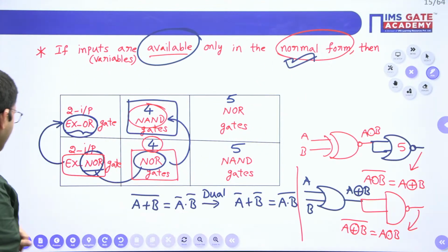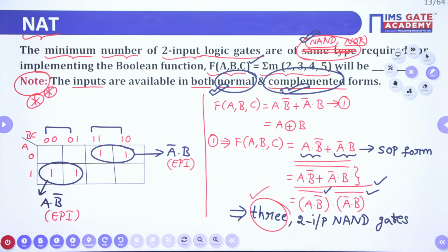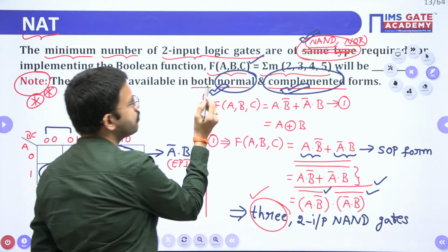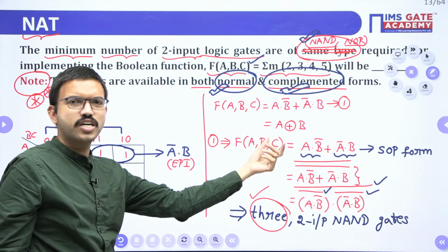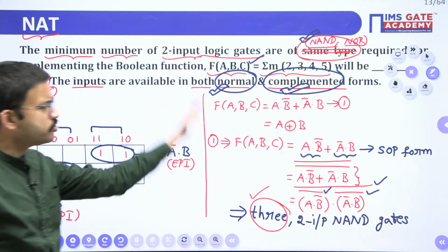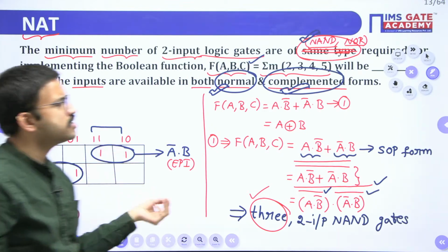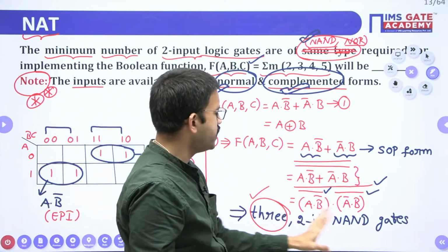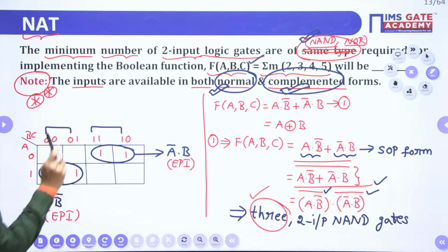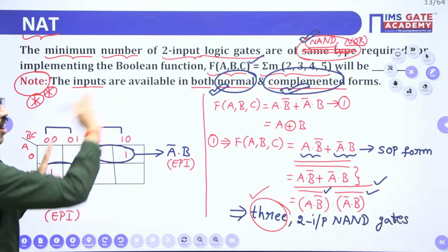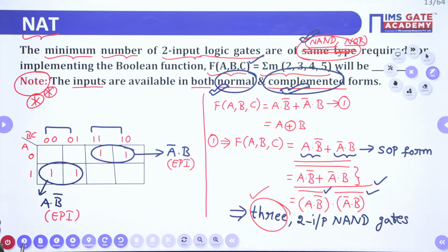But if the question specifies that the inputs are available in both normal and complement form, whenever the output is A XOR B or A XNOR B, you don't need to do any simplification. Directly you can answer that the number of NAND gates or NOR gates required is 3. Only for this case, for all the 4 cases, the final answer is 3.